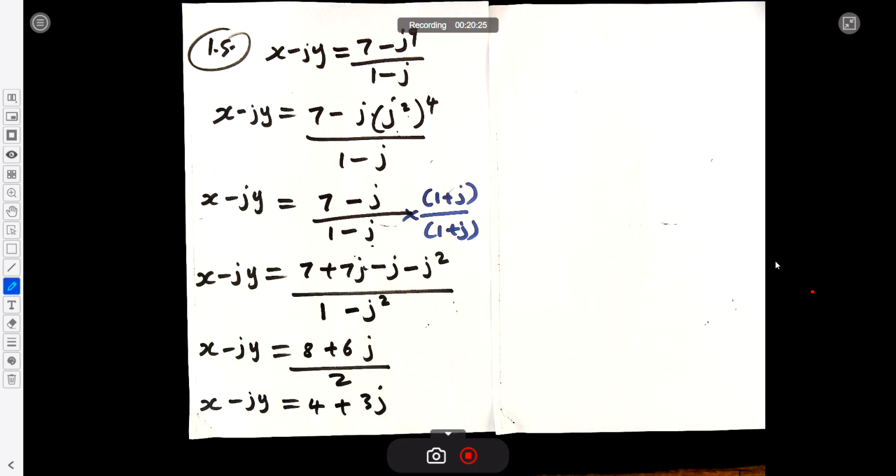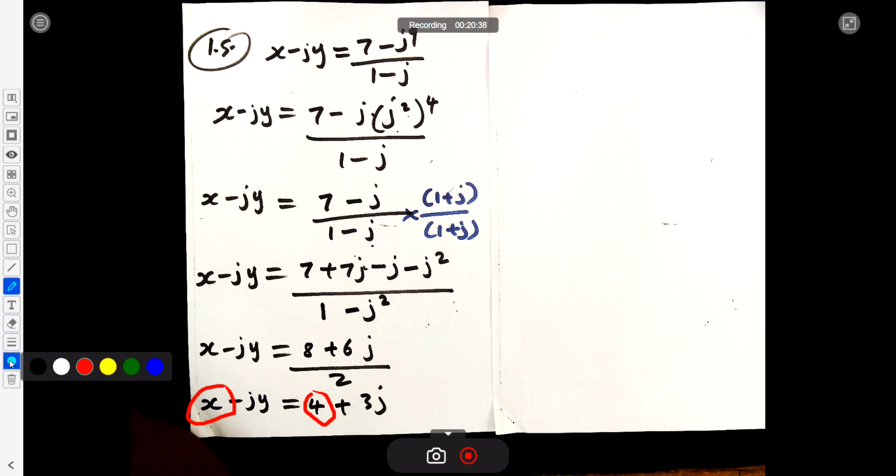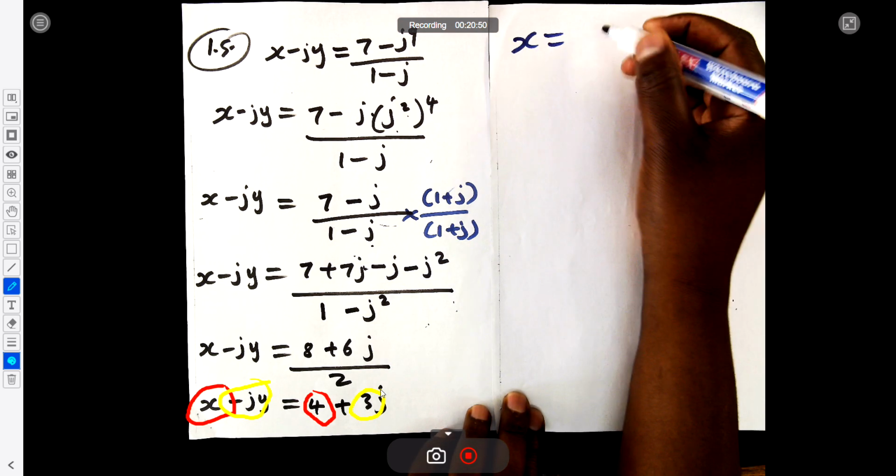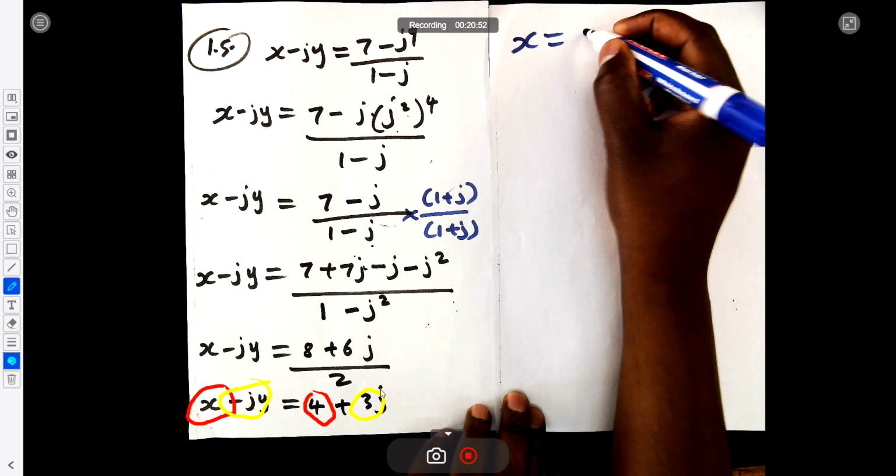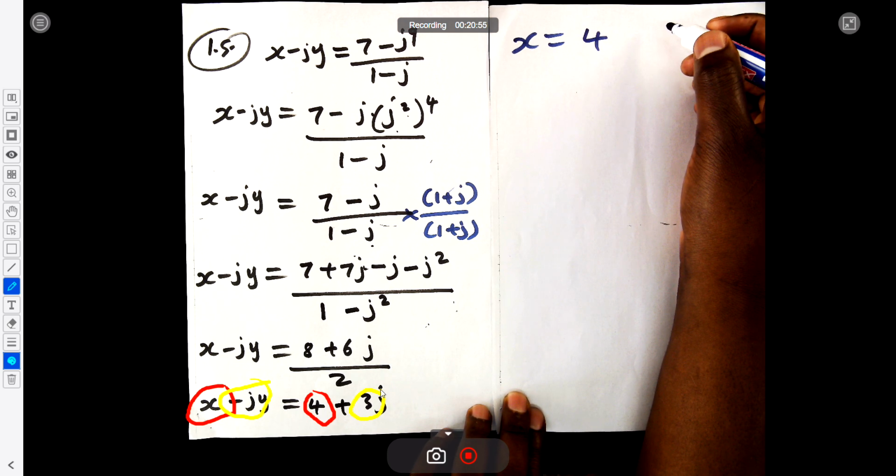So now according to the rule, we can equate the real part of the right hand side and the real part of the left hand side. And we'll have to do the same thing with the imaginary part, to say, we take the coefficient of j. So we're going to say that x, the real part of the left hand side, is equal to the real part of the right hand side.